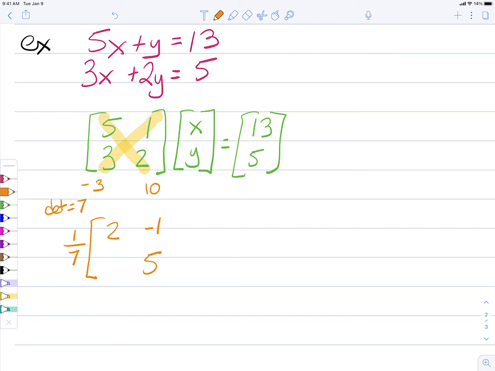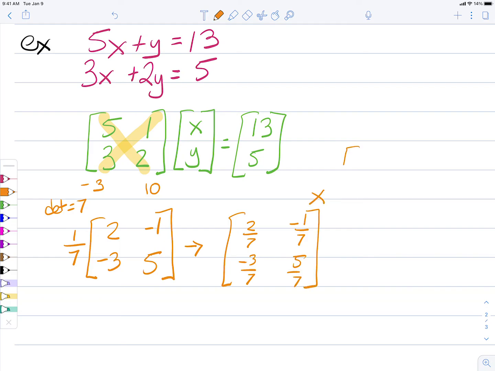My 3 and 1 are just going to become negative, and they're going to stay where they are. If I multiply all of those by 1/7, that's the same as dividing by 7. So I'm going to have 2/7, -3/7, -1/7, and 5/7. And I'm going to multiply that by my answer matrix.